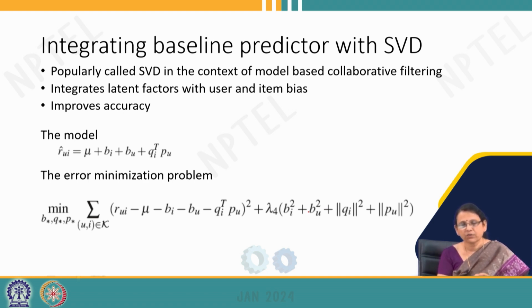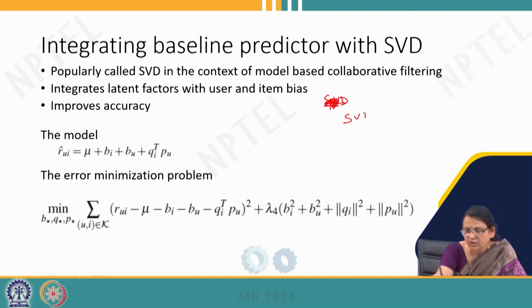So to remind you, what are the latent factors? This concept of latent factors was coming from singular value decomposition, which was simplified to UV decomposition, and from UV decomposition we know that the U matrix was representing user factors and the V matrix was representing item factors.